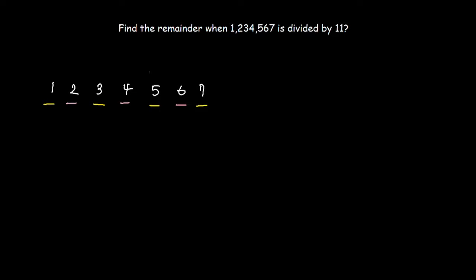So let's first add up all of the yellow numbers. That will be 1 plus 3 plus 5 plus 7. And the rule tells me to subtract that from... sorry, to subtract the sum of the pink numbers, so I have to add all the pink numbers up. So it'll be 2, 4, and 6. Let's see what the result is going to be. 1 plus 3 equals 4, 4 plus 5 equals 9, and 9 plus 7 gives me 17.